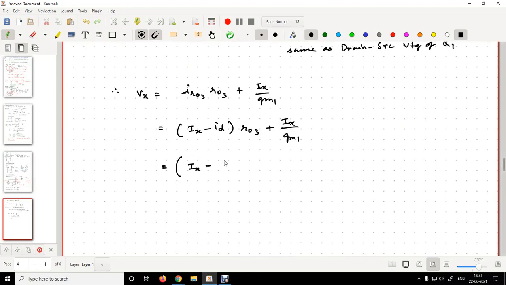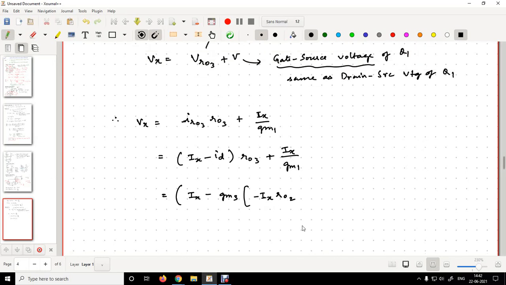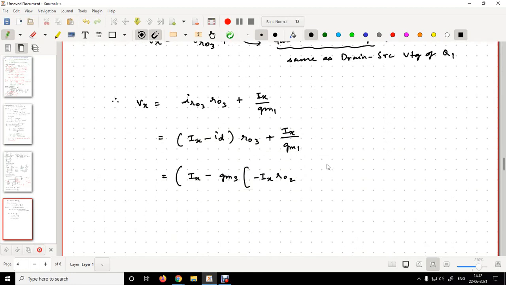So Ix minus Gm3 into minus Ix R02 minus Ix by Gm1, into R03 plus Ix by Gm1. This entire thing is actually ID.